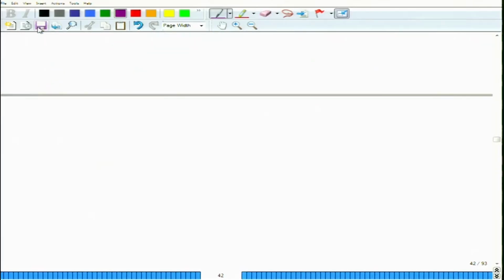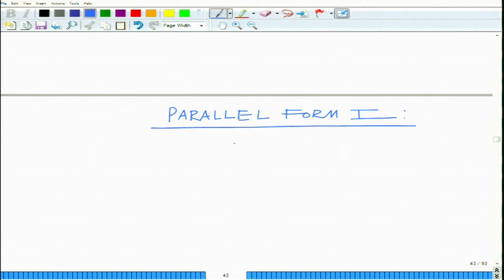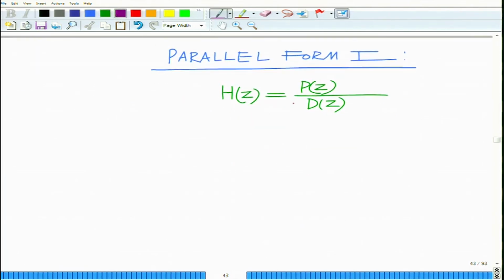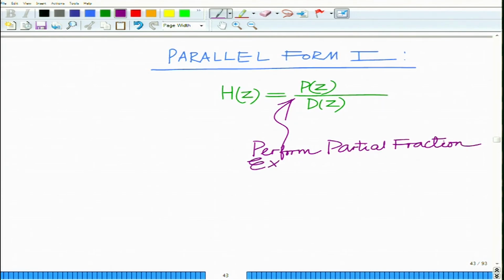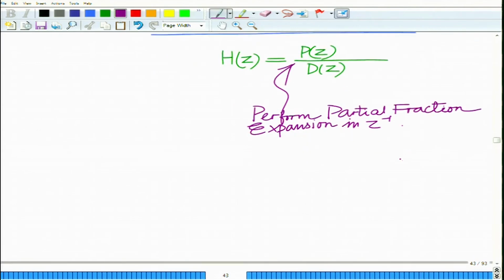So, we have the parallel form 1, okay, and let us again consider H(z) equals P(z) over D(z), and now we perform a partial fraction expansion in Z inverse.